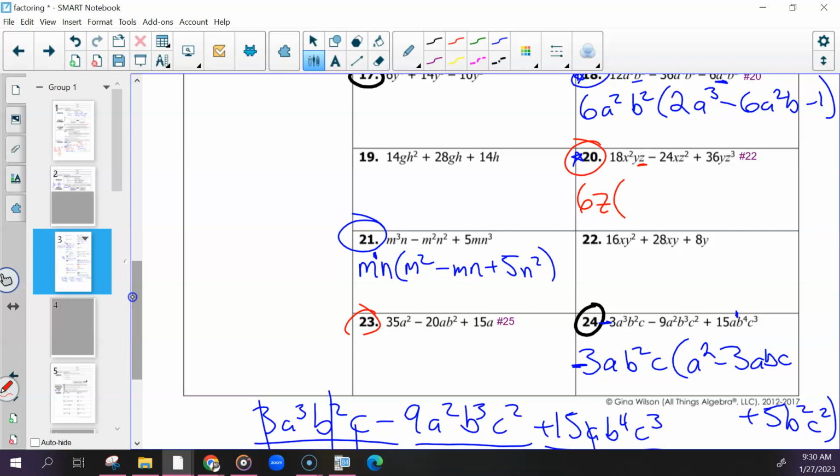X squared. That will stay the same. 3x squared, we're missing something. Y. Next one, minus. Not 3, double check that. 4.